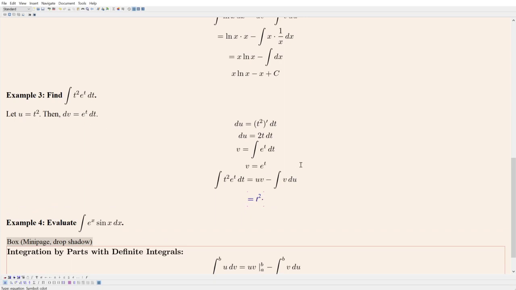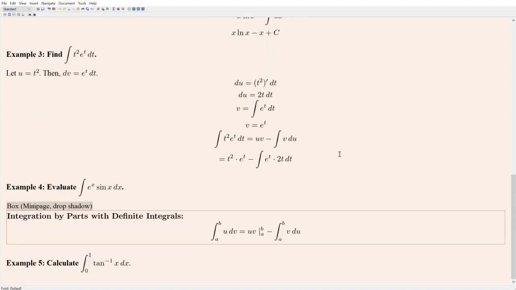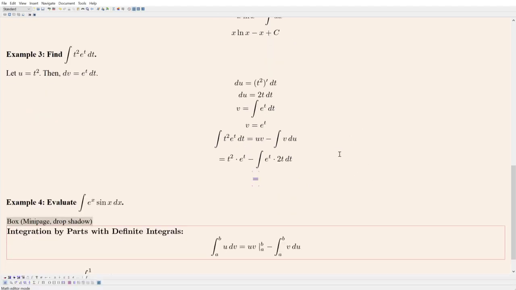V is e to the t, minus integral v, so that's e to the t, du. du is 2t dt. Okay, so let's clean this up a little bit. That 2 I can just pull out.